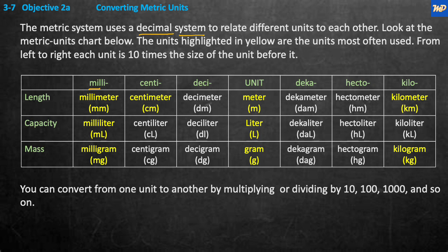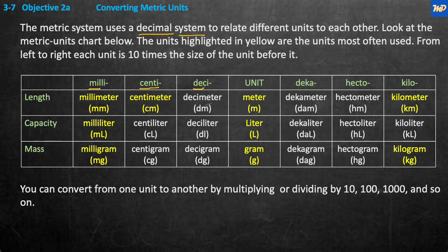A centimeter is 10 times larger than a millimeter. A centimeter, they say, is about the width of your fingernail. The word centi stands for 100th. So milli is 1,000th, centi is 100th. The next one up is deci.